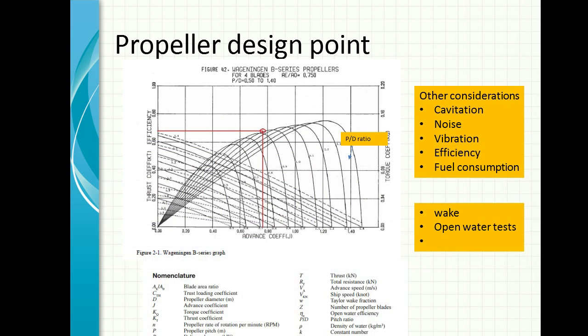Now coming back to the series design which I mentioned earlier, this was how ships are designed, by picking a standard series. Wageningen B series is in Netherlands. They made many propeller types of standard designs, and so before the computer era, this was the method of designing propellers, where there were certain non-dimensional coefficient of torque, the engine capacity, the thrust required from the resistance, and the speed.